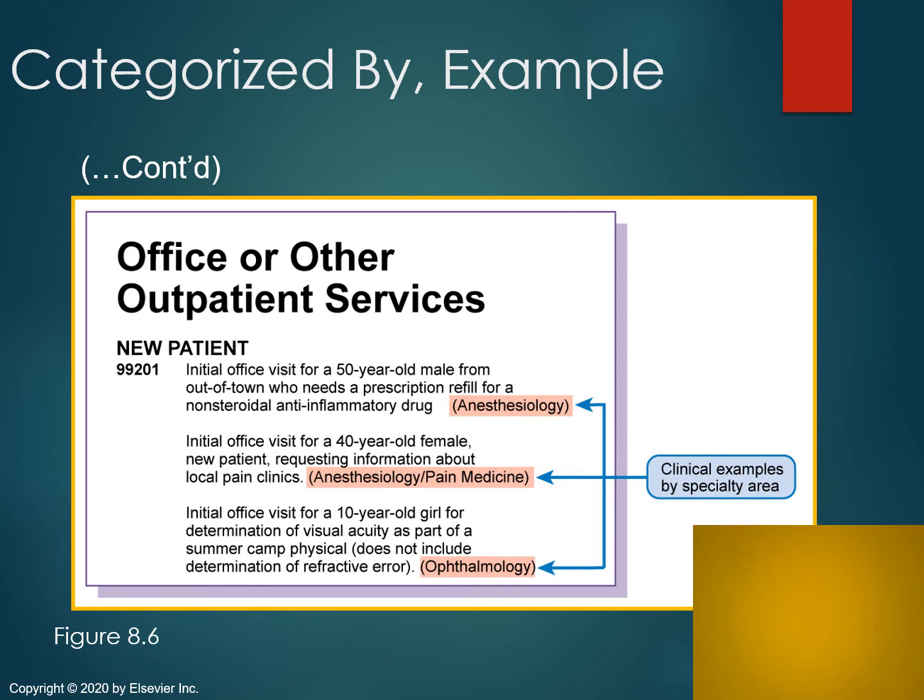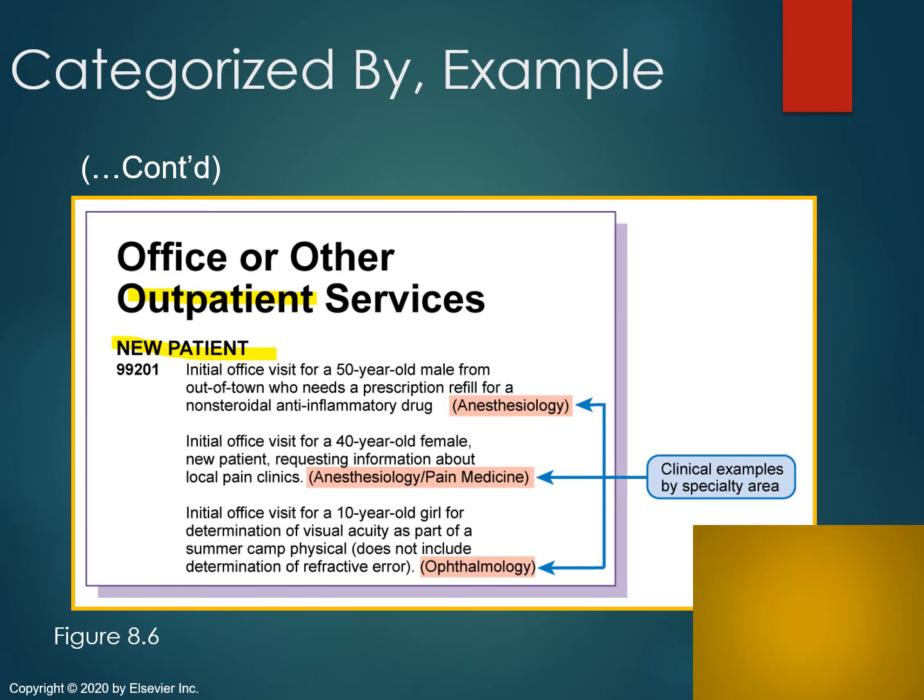Here's an example. This is an evaluation and management, office or other outpatient services. And look here, it says a new patient. So as I mentioned to you previously, a patient can be new or established. Patient can be seen in the office or in the hospital, right?